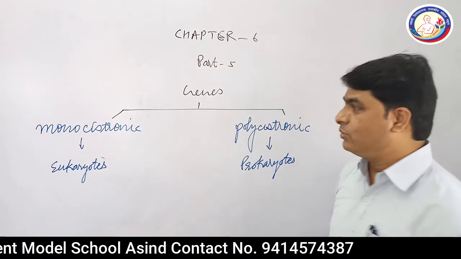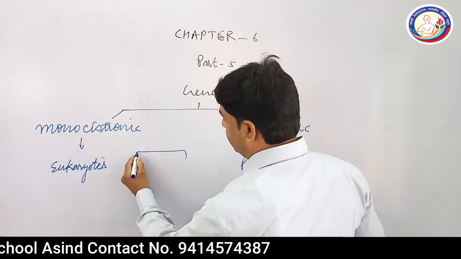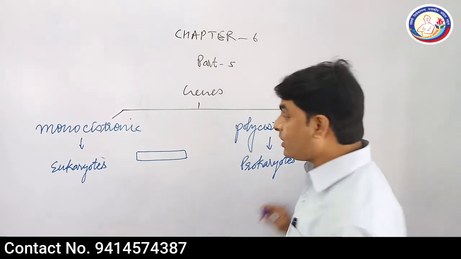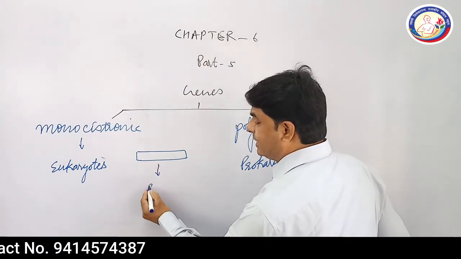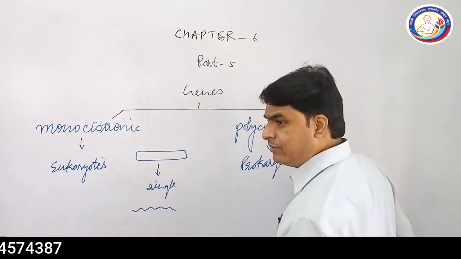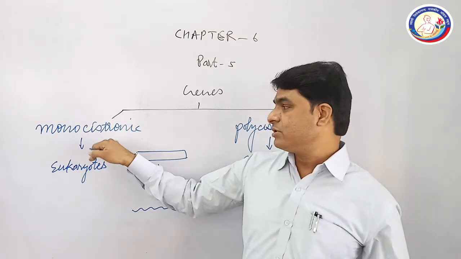What do you mean by the eukaryotic monocistronic gene? It is a continuous sequence of polynucleotides that codes a single protein. So it will form a single protein or a single enzyme, that is the monocistronic gene.